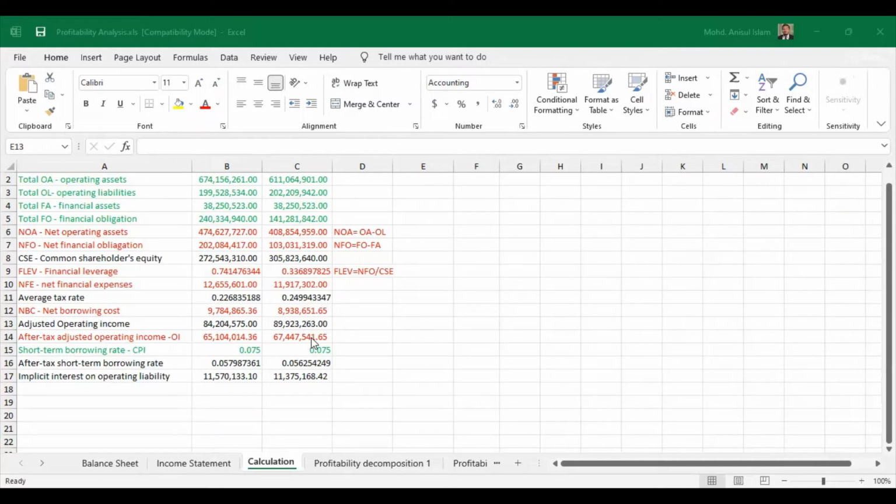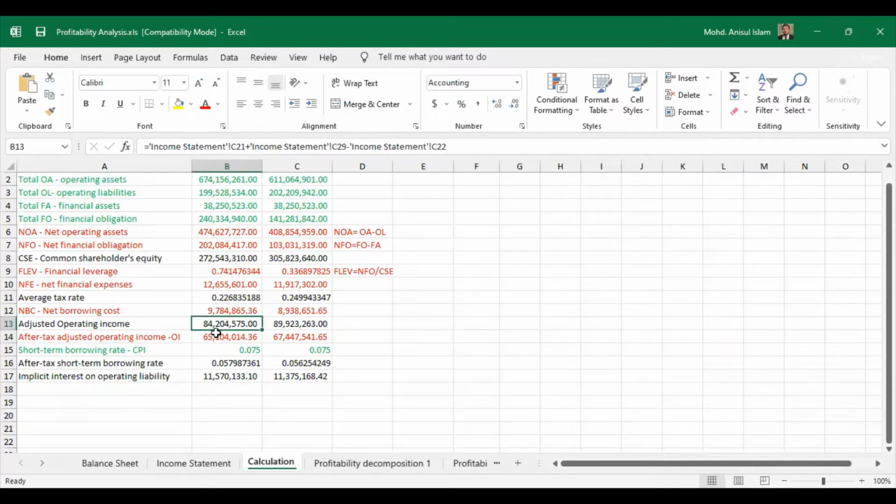Generally this kind of classification is used, but we are not using that classification. We are allocating tax after this operating income. This is the adjusted operating income we already have estimated, and I mentioned that we can calculate the after-tax adjusted operating income by subtracting the taxes from this adjusted operating income.